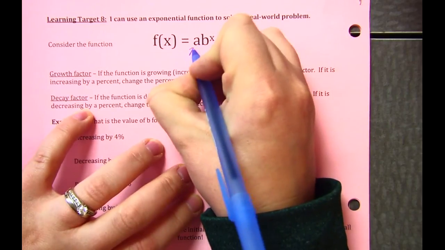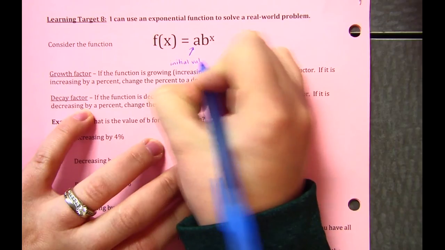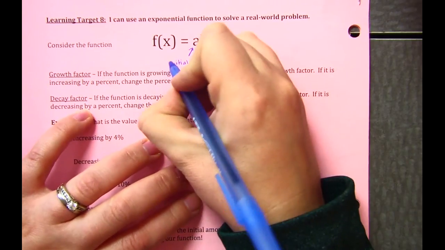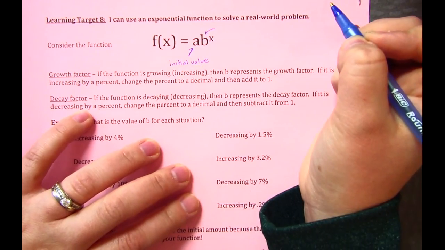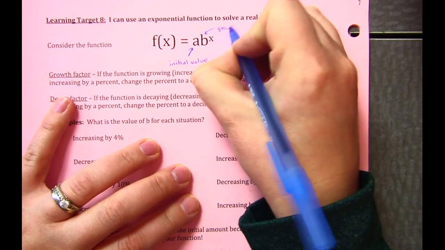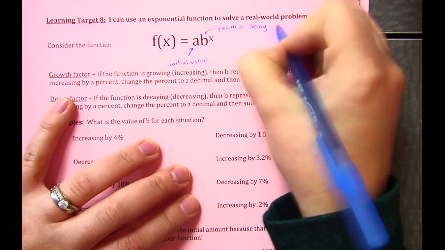Now a, remember, is the initial value, the starting amount, or that really is the y-intercept in the function. B is how much the pattern is growing or decaying, so we call that the growth or decay factor.